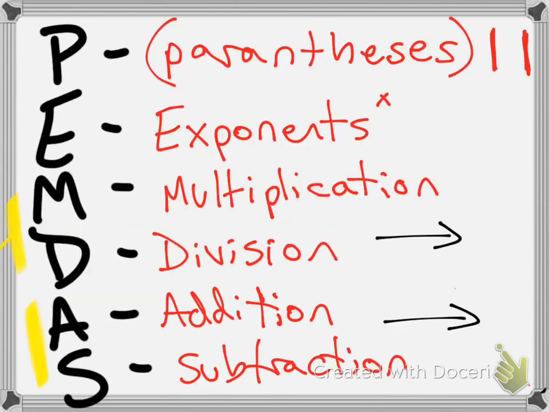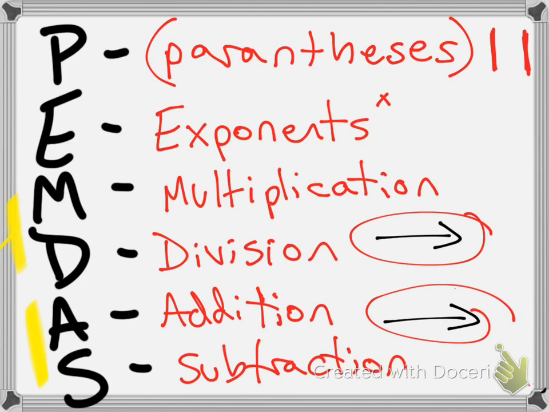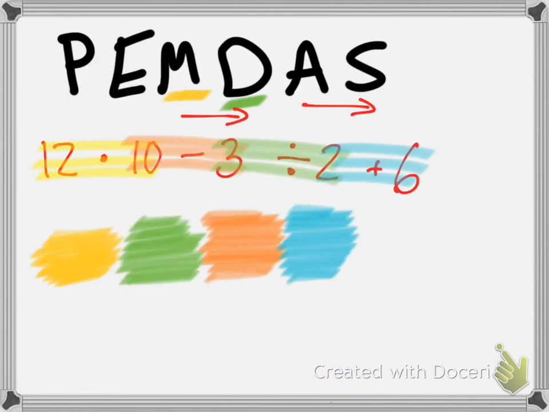Always go left to right. So that one was a trick one I gave you on purpose. Not only do we need to pay attention to PEMDAS, but we need to pay attention to the fact that these are the same and these are the same.